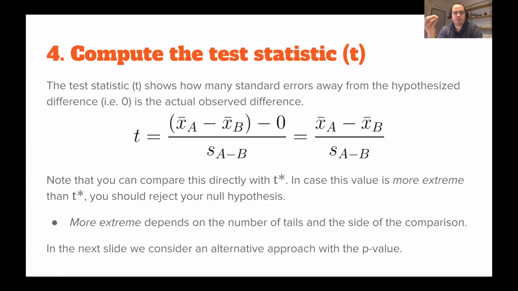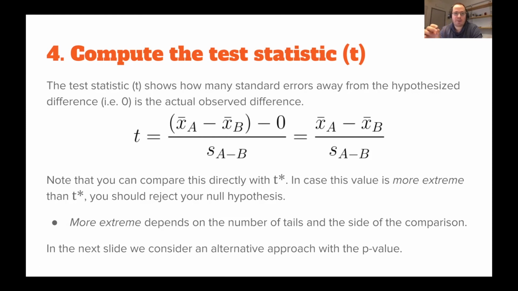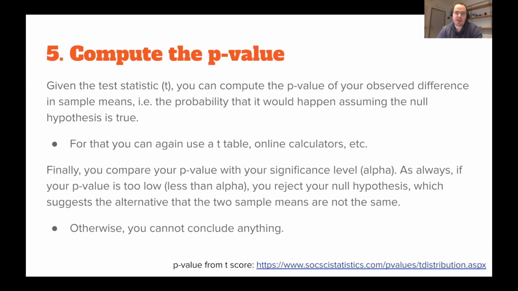And the p-value basically is the probability that this specific t that I just computed will happen given the null hypothesis. And basically, again, as soon as you have the t, all you have to do is go back and do the exact same thing that you did with your t star in order to compute the critical value, because the t is again a t statistic, as the t star was also a t statistic. So you do exactly the same thing.